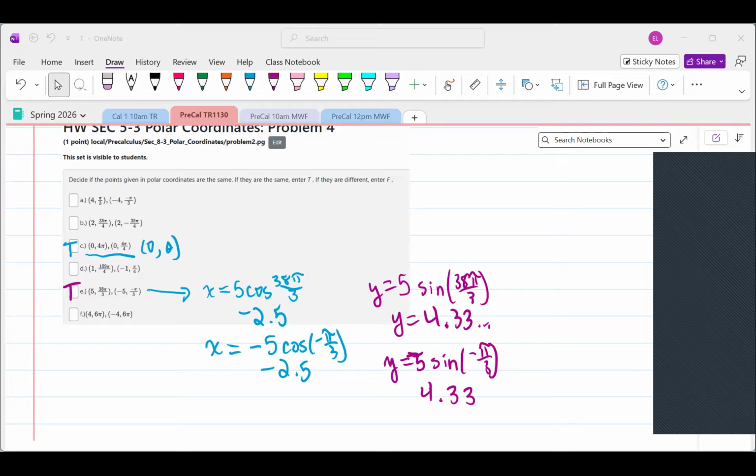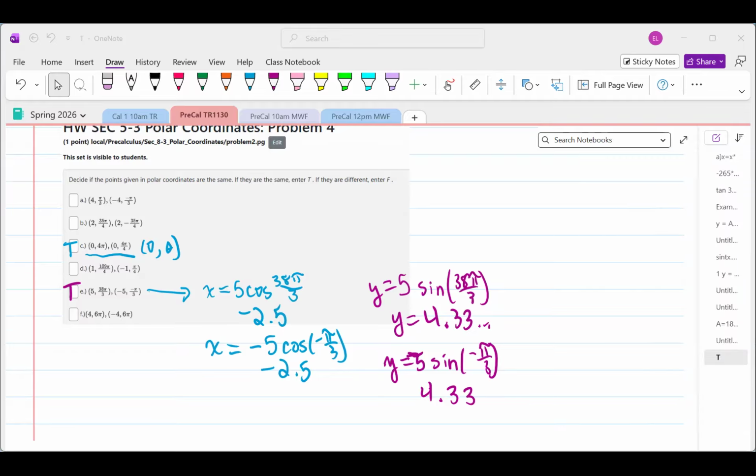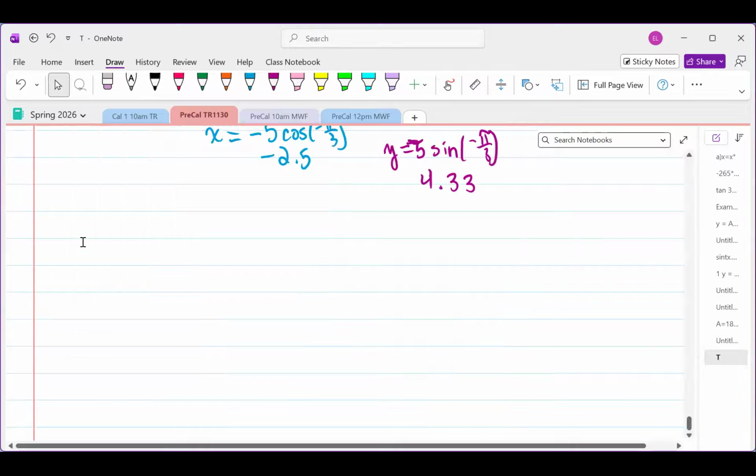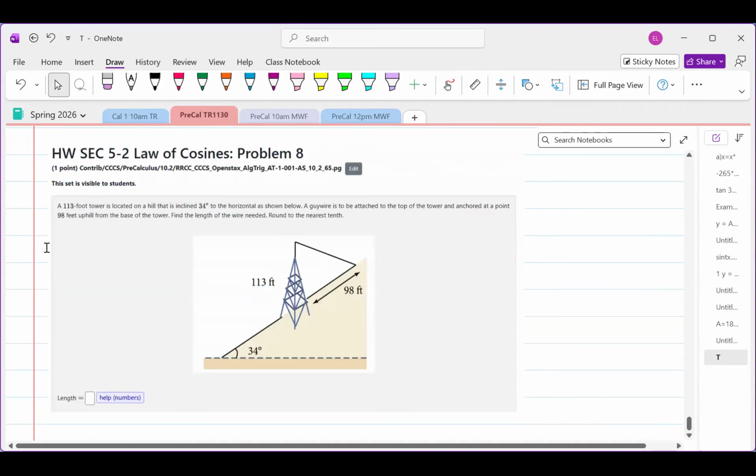So in 5.2, problem 8. Your 5.2 homework that's due today, the last half of it is all word problems.